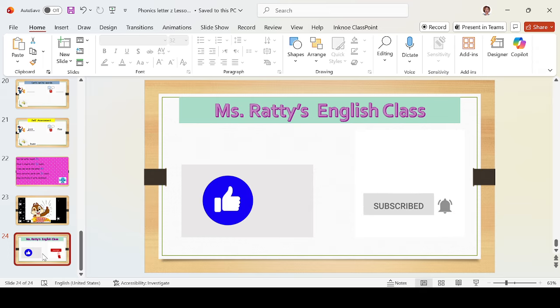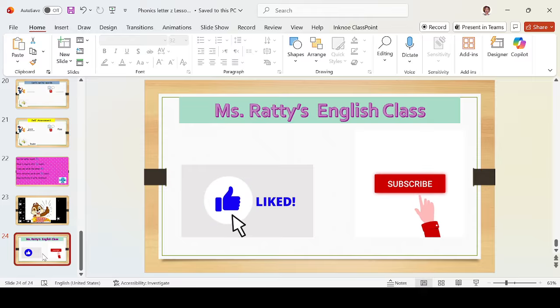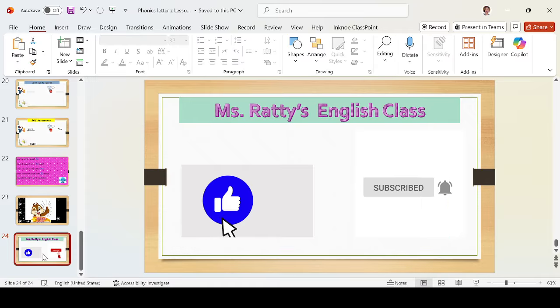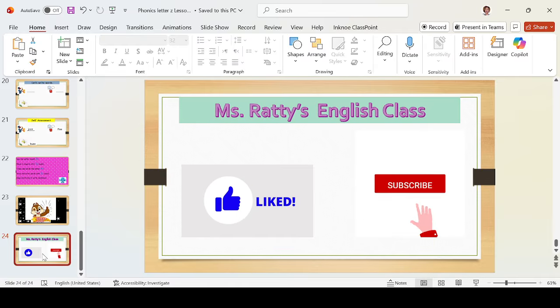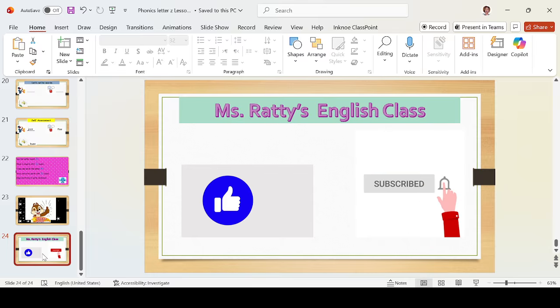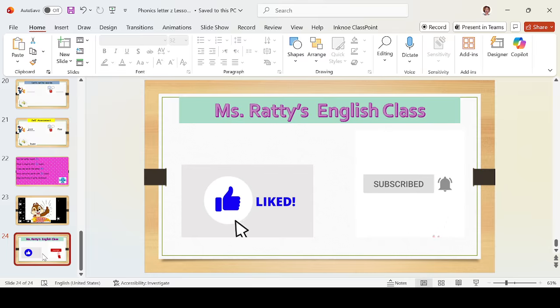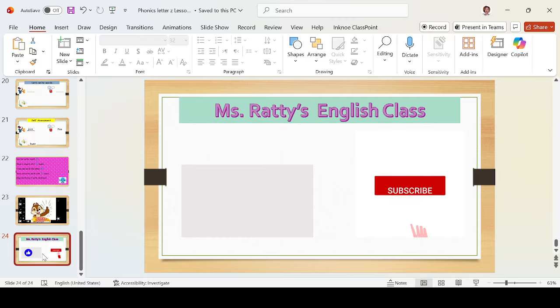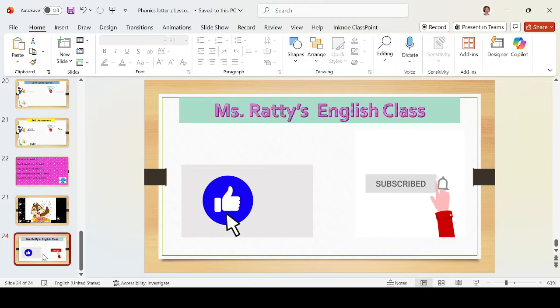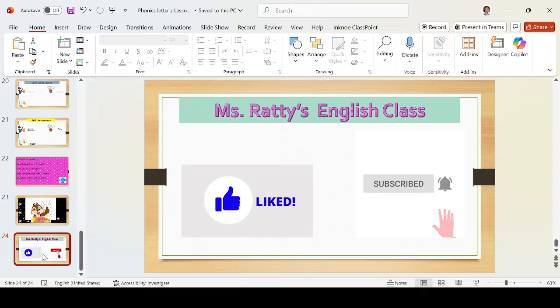Okay, so you need to revise and do the previous lessons. Okay, keep on revising the previous lessons, because in there you are going to learn our sentence structures, and also you will be practicing the letter sounds.